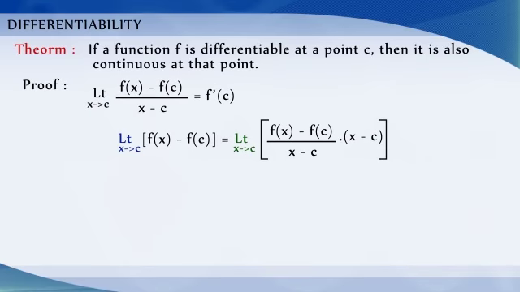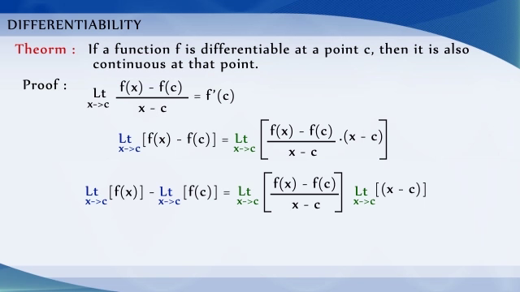By the algebra of limits, we can write limit x approaching c f of x minus f of c as limit x approaches c f of x minus limit x approaching c f of c. Similarly, limit x approaching c f of x minus f of c by x minus c into x minus c can be written as limit x approaching c f of x minus f of c by x minus c into limit x approaching c x minus c.